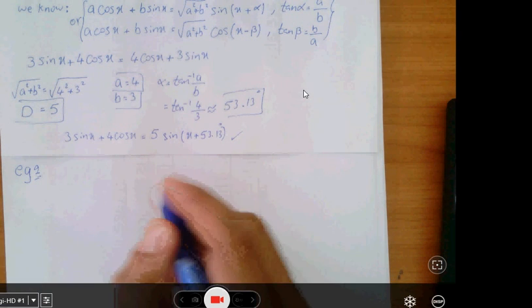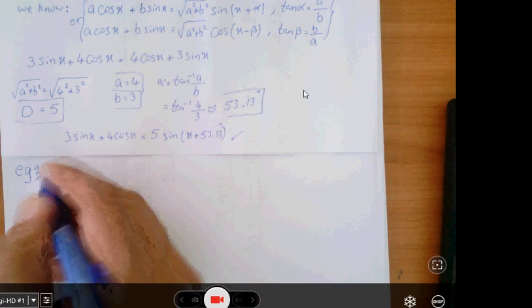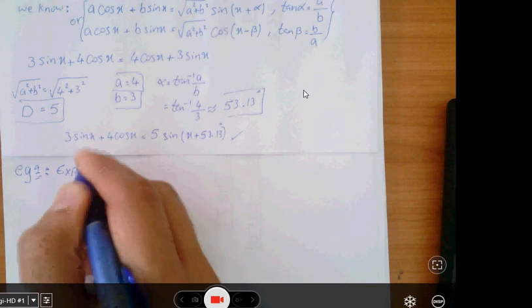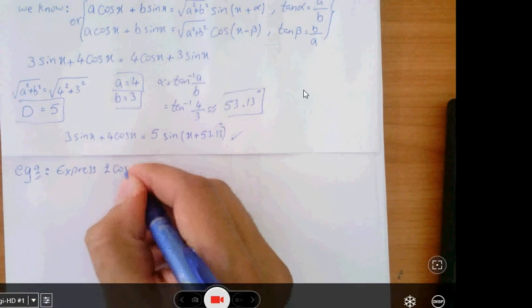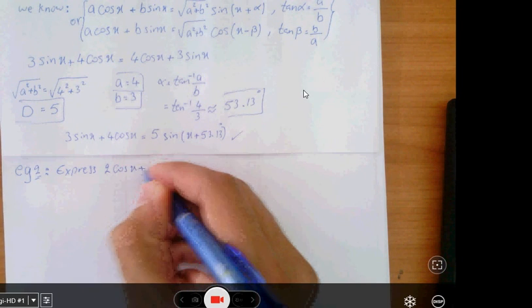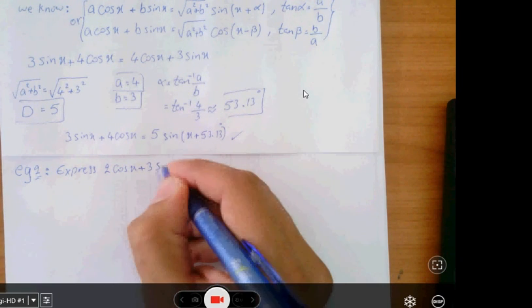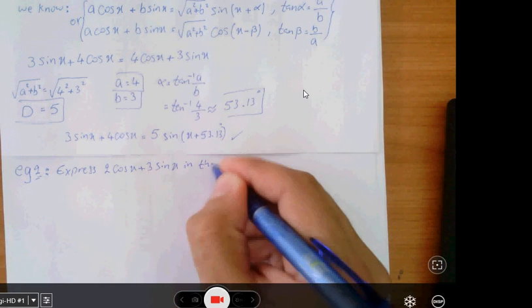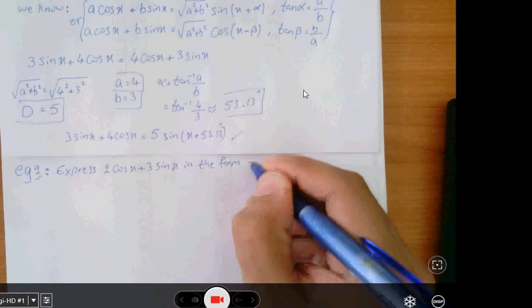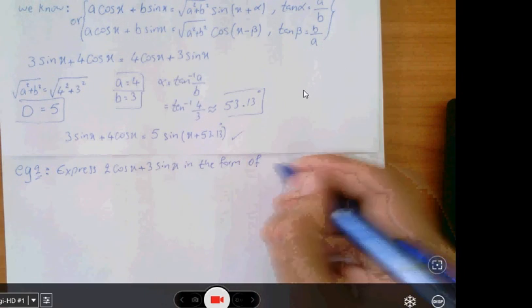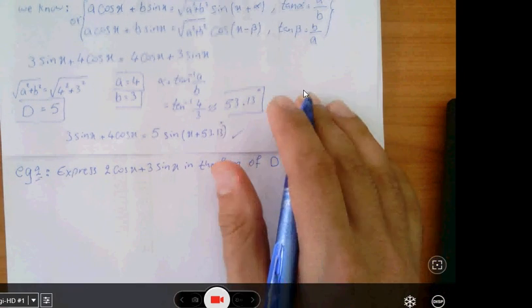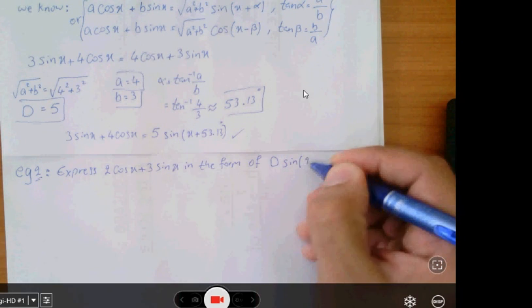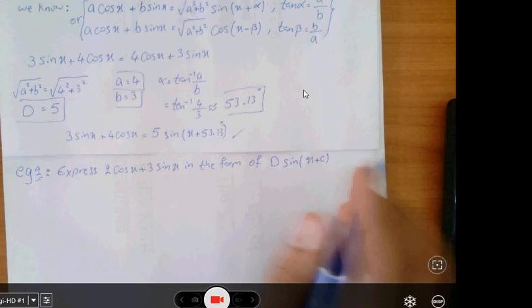Okay, well, example 2 is the same situation. Express 2 cos x plus 3 sine x in the form of sine again, sine x plus c. Now this is the key.